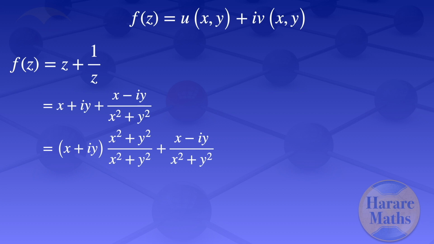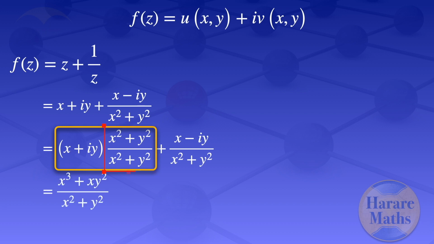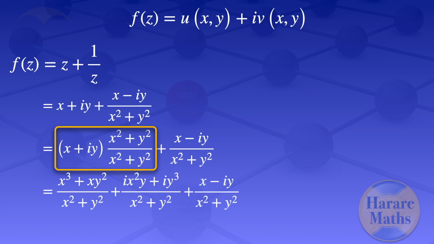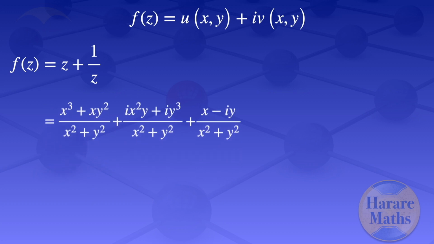Now multiply this part by the x: we get x cubed plus xy squared divided by x squared plus y squared. Multiplying the other part by the iy, we get i x squared y plus i y cubed divided by x squared plus y squared. And this other part we write as it is because we are not changing it. So that is what we have now.